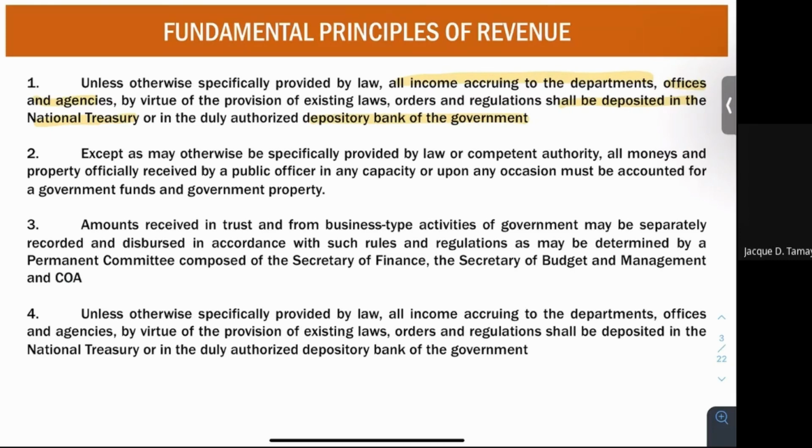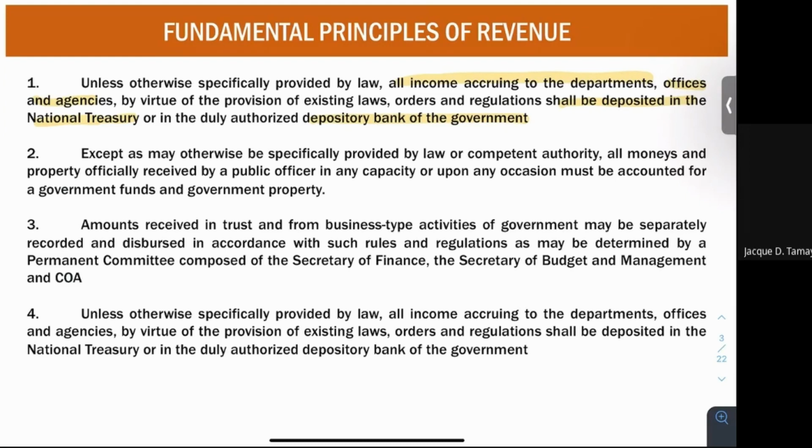And that revenue must also be appropriated to the entity. Take note, without an appropriation, you cannot make use of that money. That's our rule. Therefore, if you want to make use of the entity's own revenue, you cannot just make use of it pending any appropriation. There must be a provision by the law on the appropriation of that revenue.